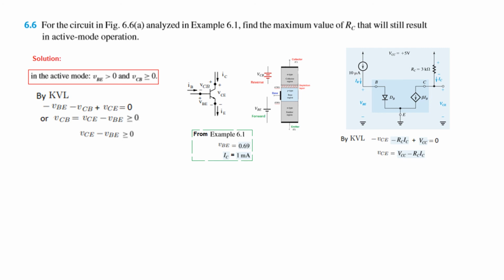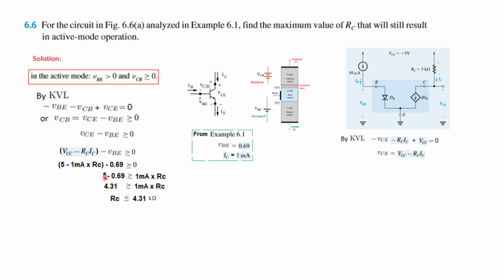Okay, so we can replace VCE by VCC minus ICRC, and minus VBE. This has to be greater than 0. Plugging in the values, VCC from here is 5 volt. So 5 volt minus 1 milliampere, which is IC, times RC, we need to find the maximum value here. VBE is minus 0.69.